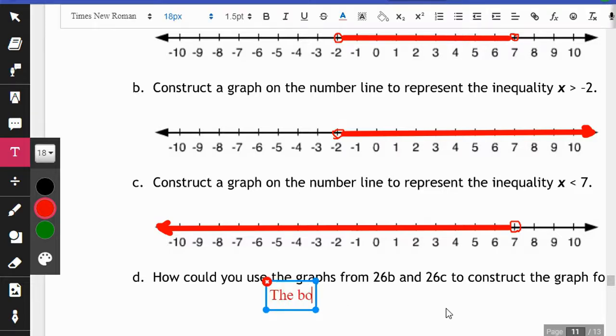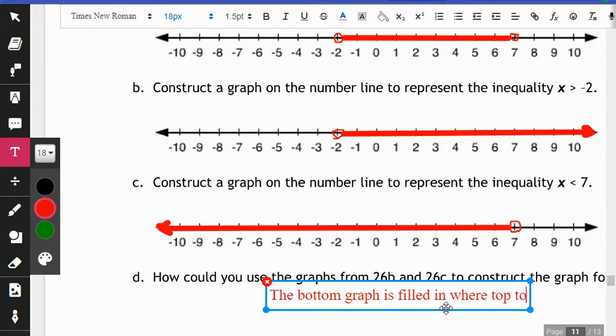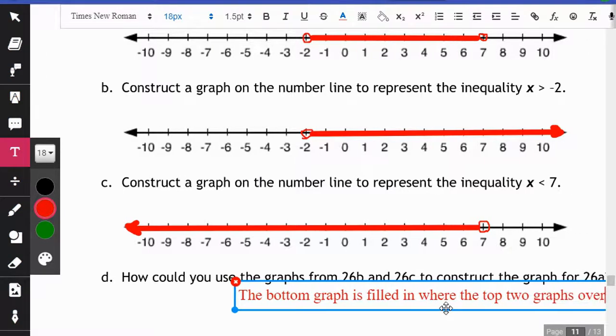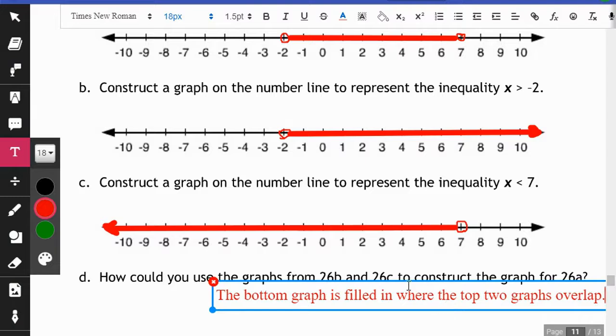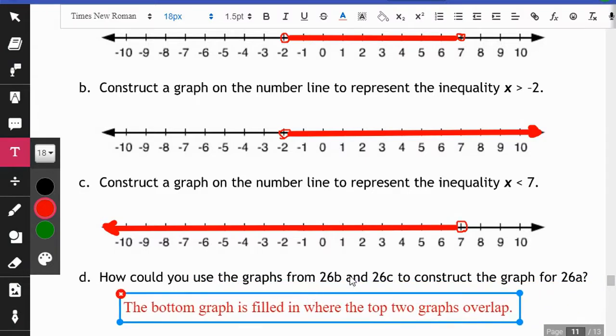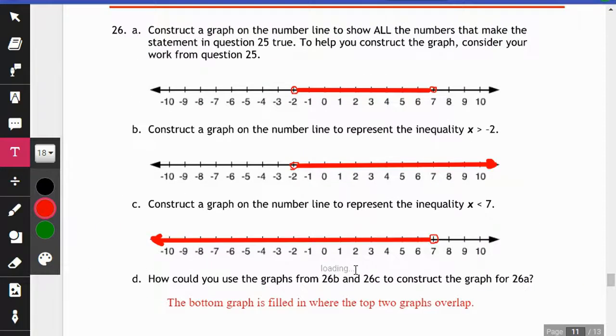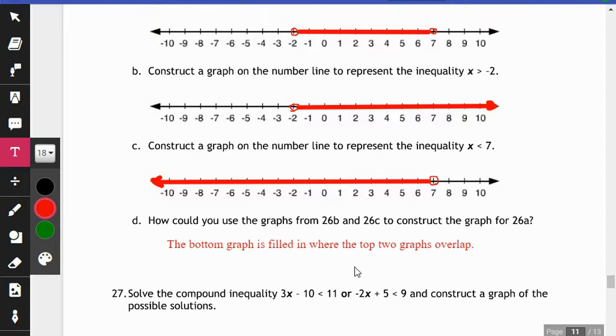The bottom graph is filled in where the top two graphs overlap. There you go. And that's going to be true for basically all "and" type of graphs that you have.